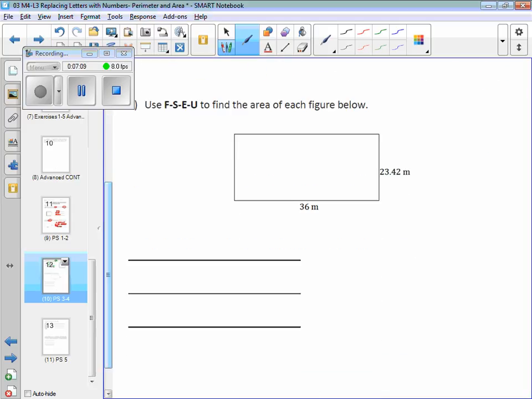Okay, what are they asking us to find? Gabby? What kind of shape? Okay, so I need the formula for the area of the rectangle. A equals.